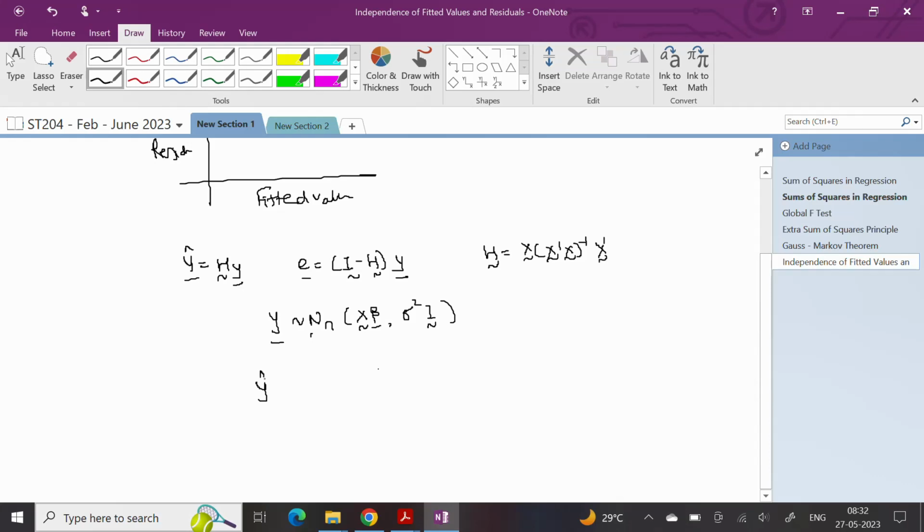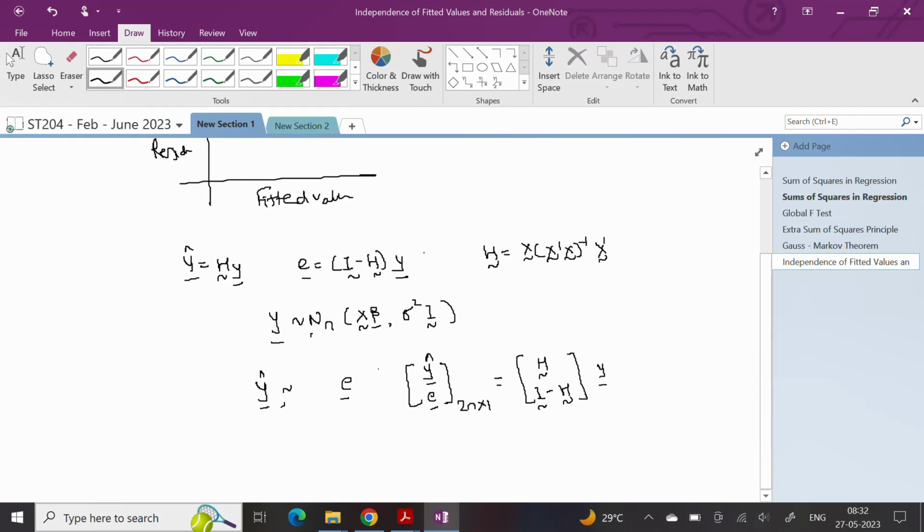So the distribution of y hat will also be normal, and not just that, the distribution of E will also be normal. In fact, if I consider the joint vector, y hat and then E, my total vector is of length 2n cross 1. I could write this as H here and then I minus H here and then y.